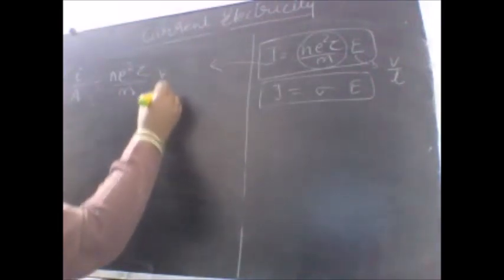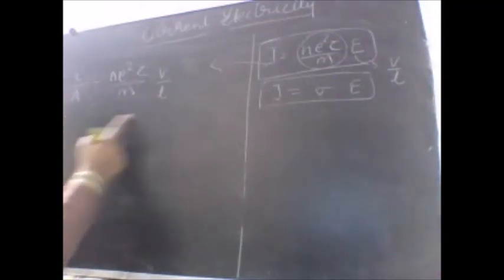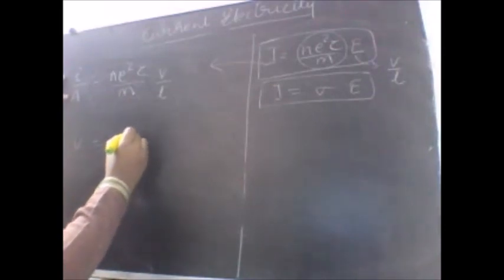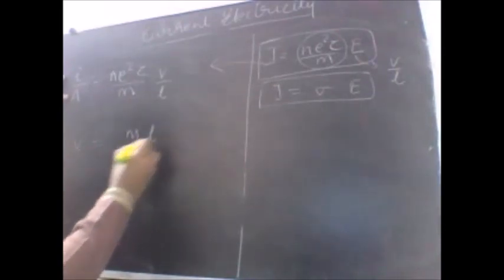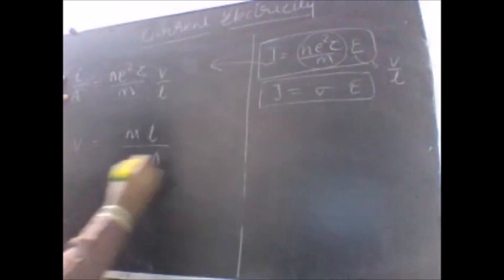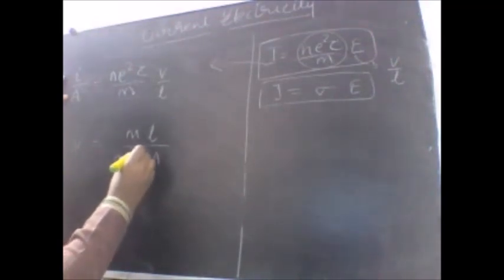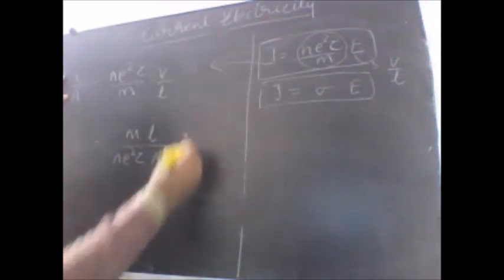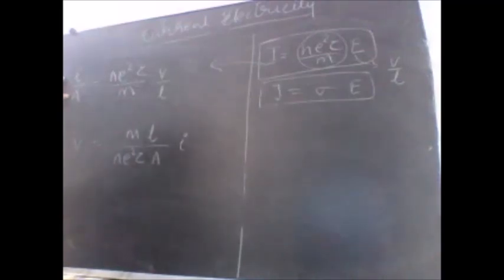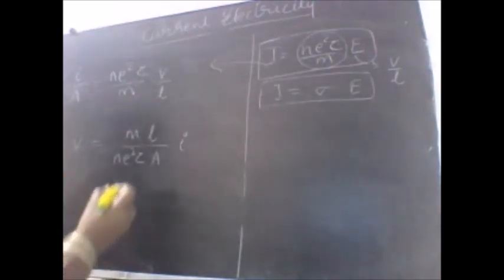It is V by L here. Let us rearrange the terms. So V is equal to M L A by N E square tau, and this is I. So let us recheck. I hope it is correct. V is equal to, yes, I think it is correct.